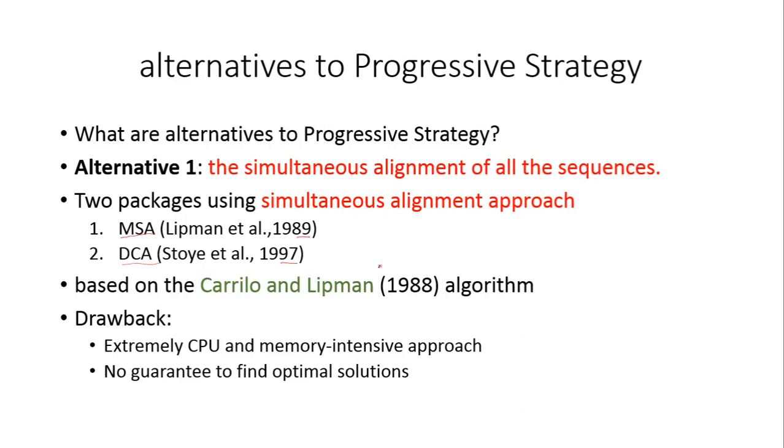Both of these packages are based on the Carrillo-Lipman algorithm. Now you can imagine that with a huge number of sequences, trying to simultaneously solve the multiple sequence alignment problem would make it a CPU and memory intensive task.